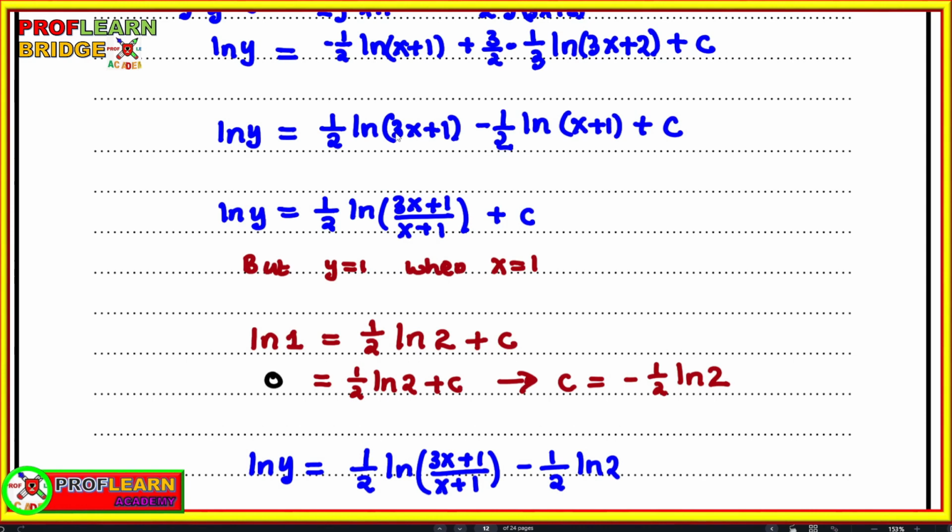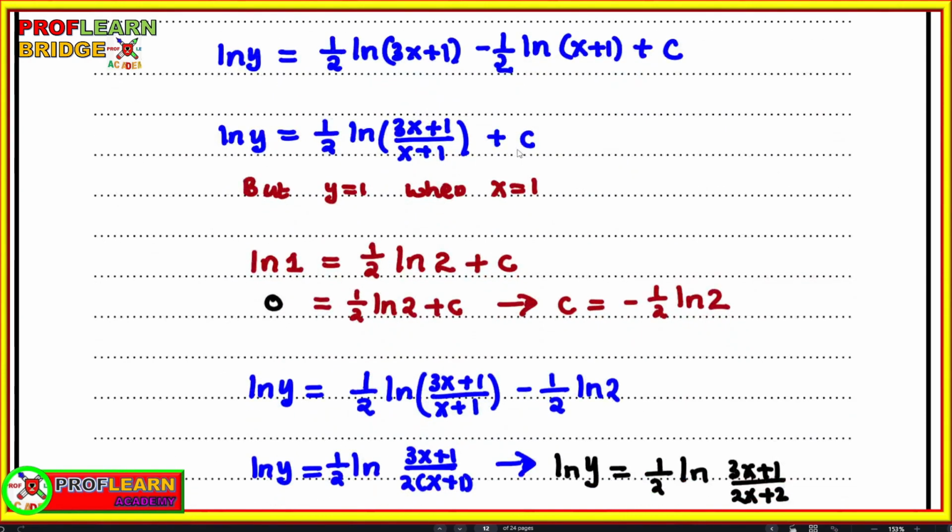For instance, this is going to be 3x plus 1 over x plus 1, and then we say plus c. But since we were given the initial conditions, y equals 1 when x equals 1, we can use them in order to find the value of c.